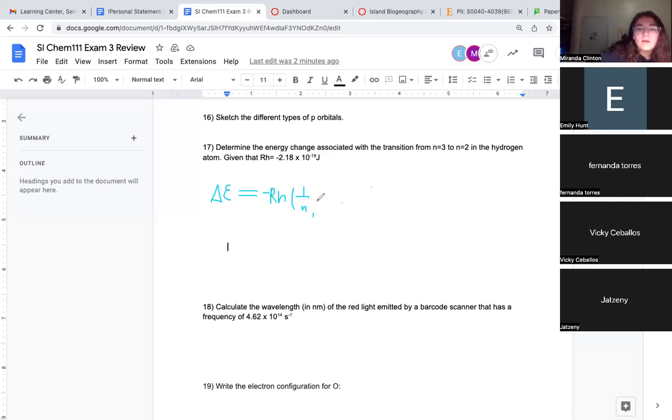Okay, I think you do 1 over n1 squared minus 1 over n2 squared. Okay, so we're going from n3 to n2 in the hydrogen atom. So we just plug that in.